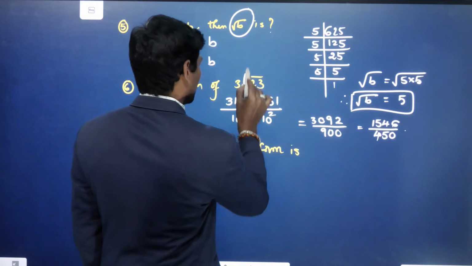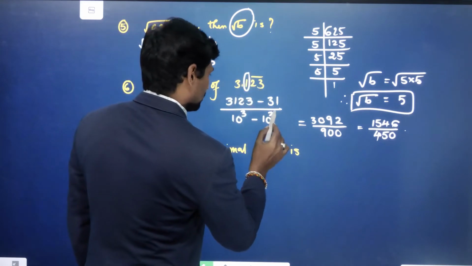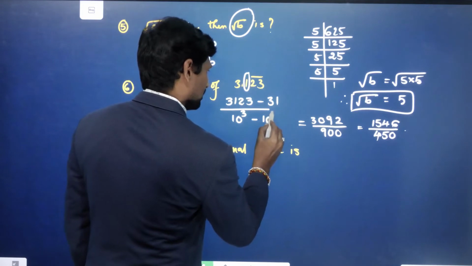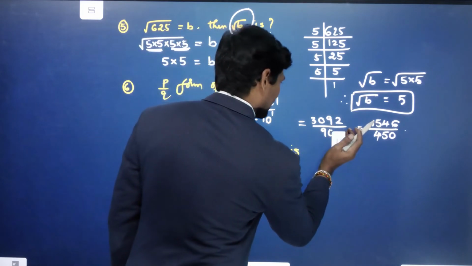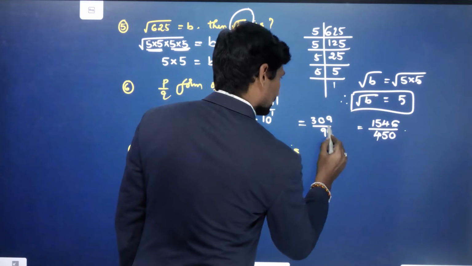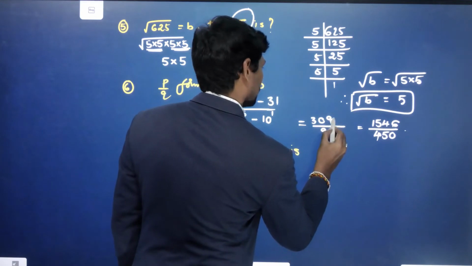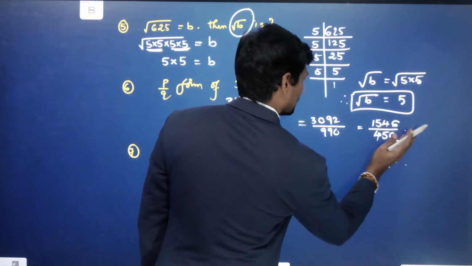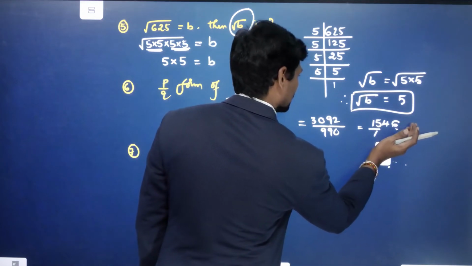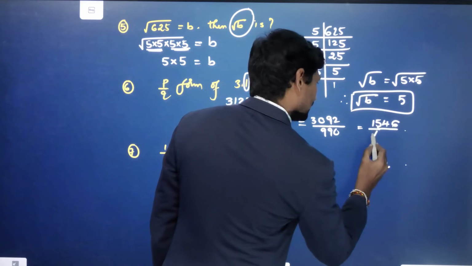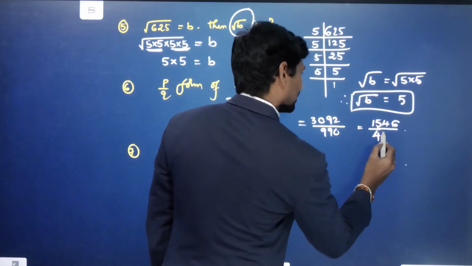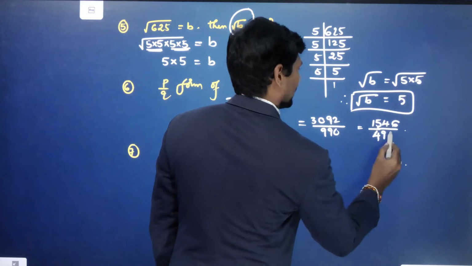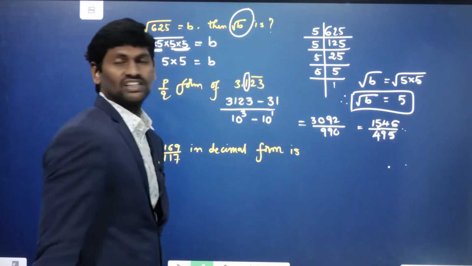This decimal we should check. So this is 10 power 1. Okay. So 10 power 1 means 990. Yeah, after cancellation by 2 table we will get 400 and 95. That is the answer.